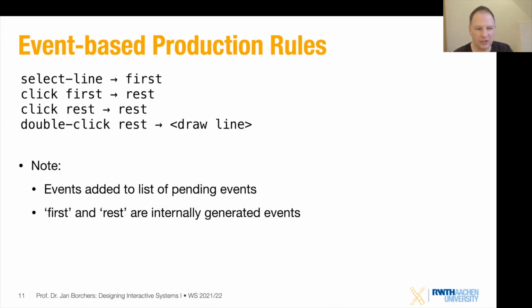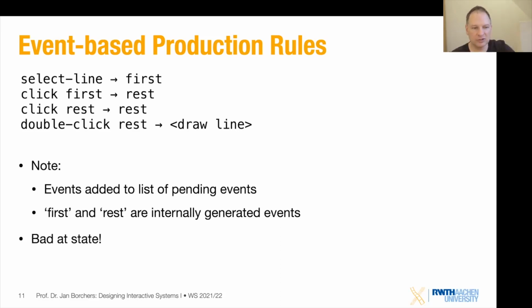And first and rest are, as I said, internally generated helper tokens, or you could think about them as internally generated events. So we could say the first token, when it's generated, is also kind of like an event that happens, so that if there's a click coming in and the first exists, then we can fire with the second line.